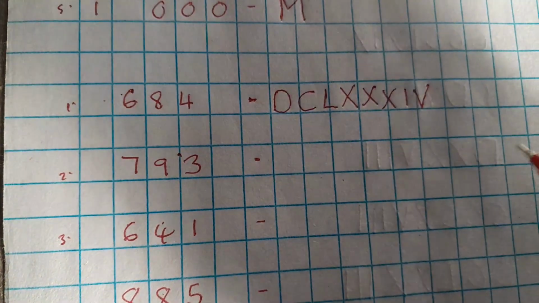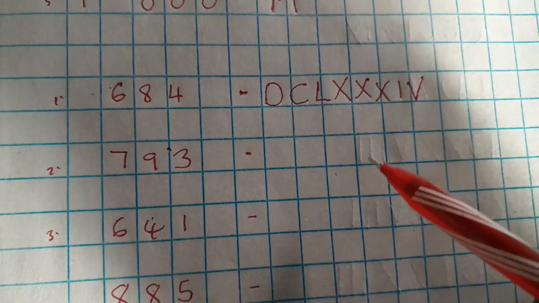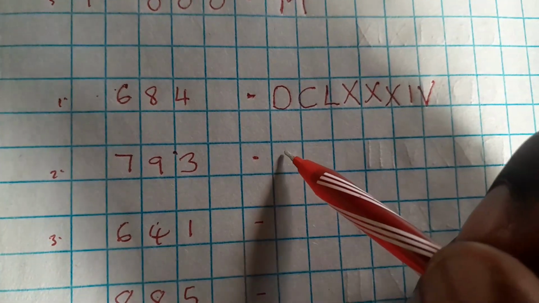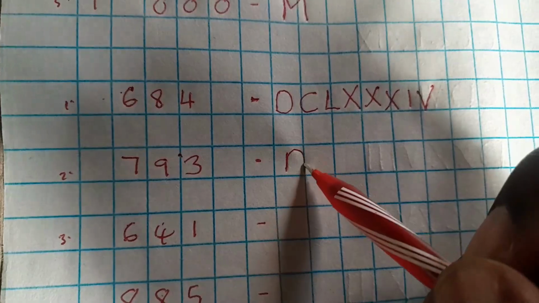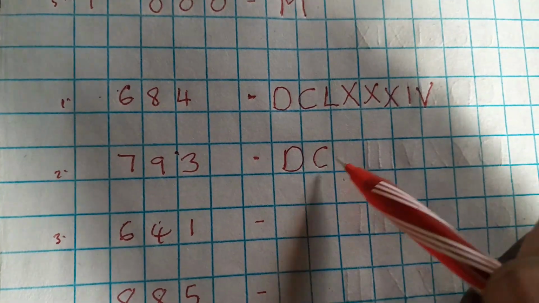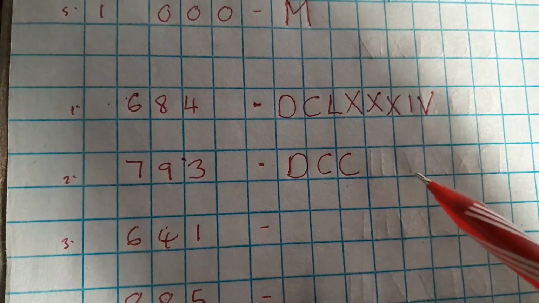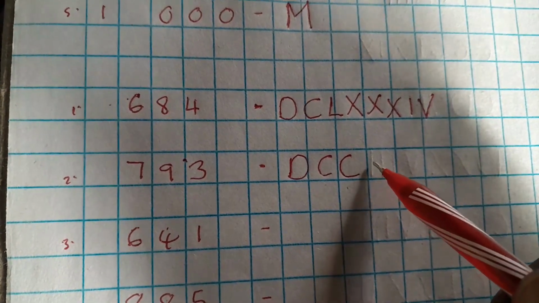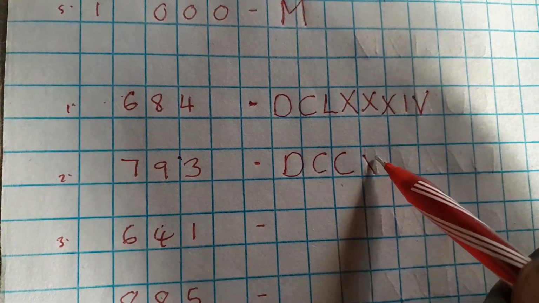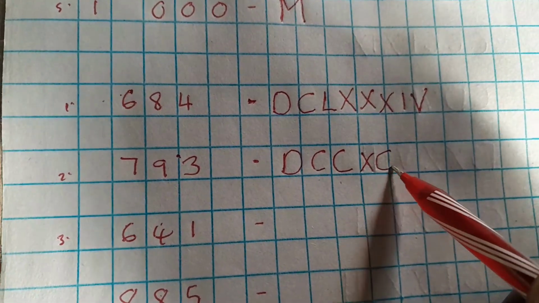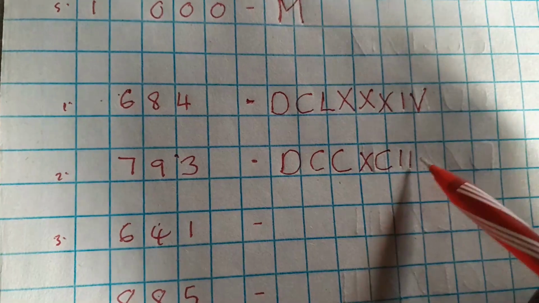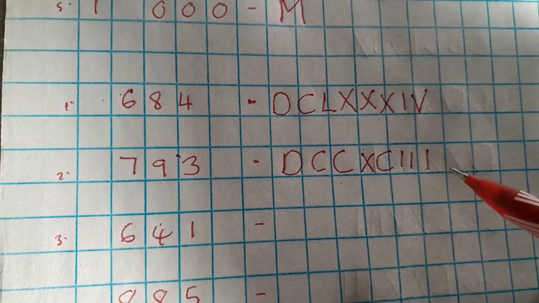So let's try the next one. 793. First things first, 700 is D, C, C. That's 700. Then 93 is X, C, I, I, I. 793.